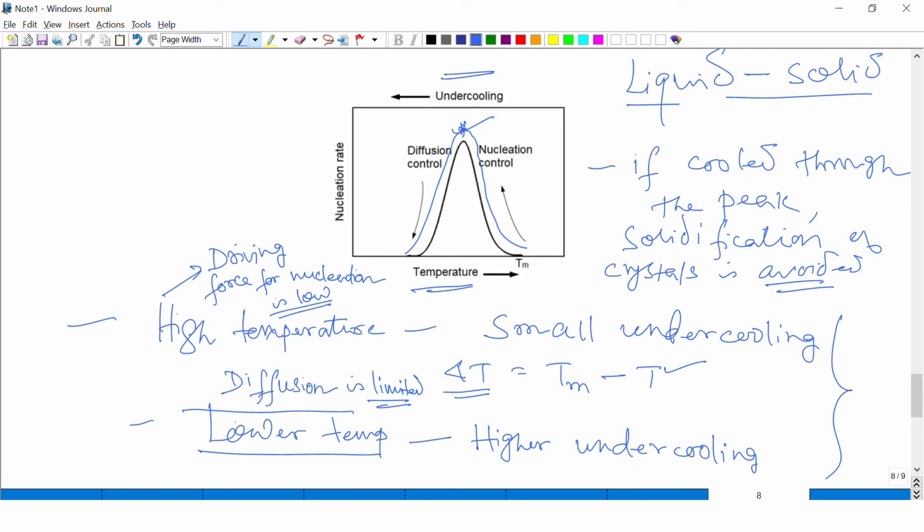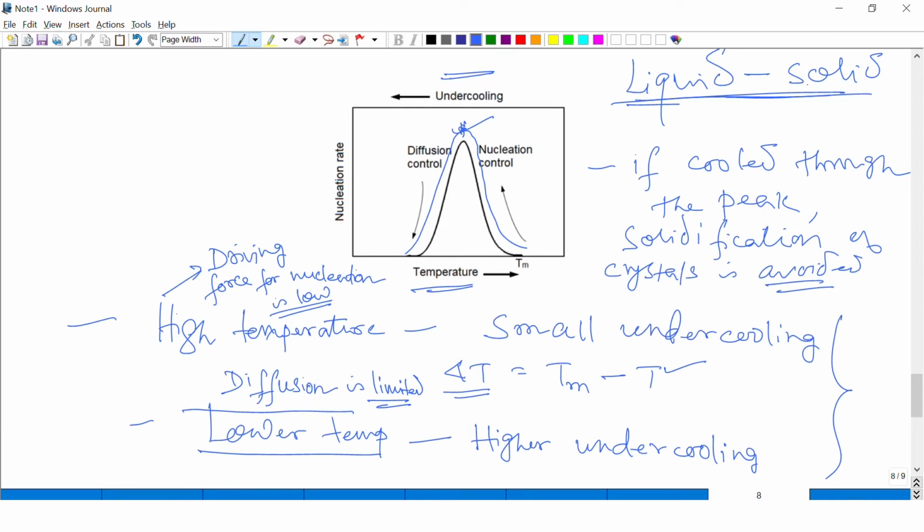Now, you might know that the slower process is the rate controlling, and therefore, on the high temperature side, that means this right hand side here, the process will be nucleation control. The solidification process that we are talking about here, that would be nucleation control, because here the nucleation is slower or limited.